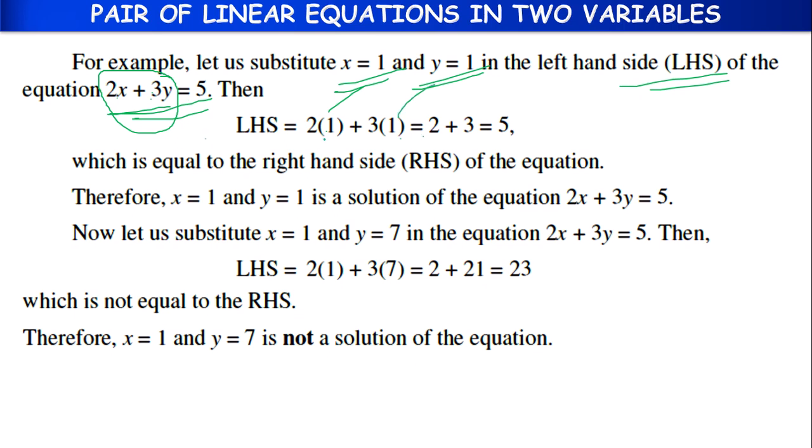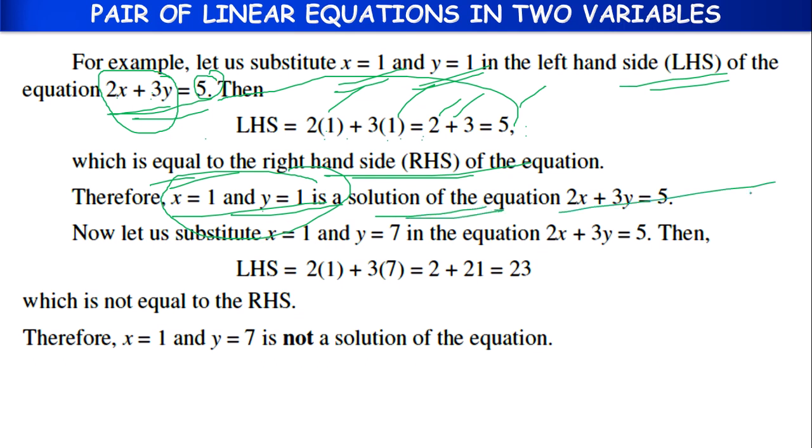So LHS equals 2 into 1 plus 3 into 1, which is 2 plus 3, equal to 5, which is equal to RHS, the right hand side of the equation. So x equal to 1, y equal to 1 is the solution of the equation, because it is satisfying both sides of the equation.